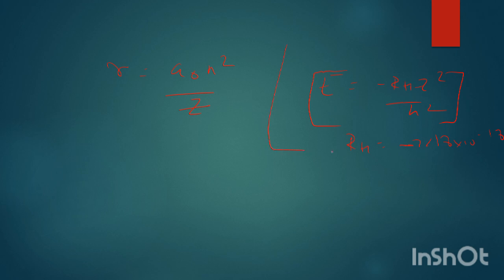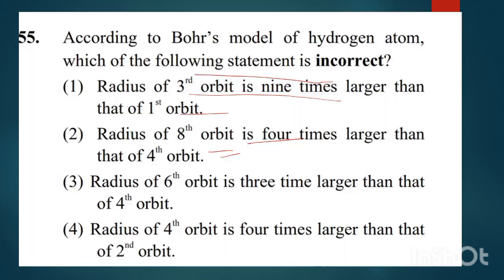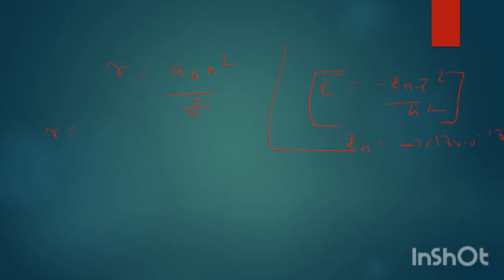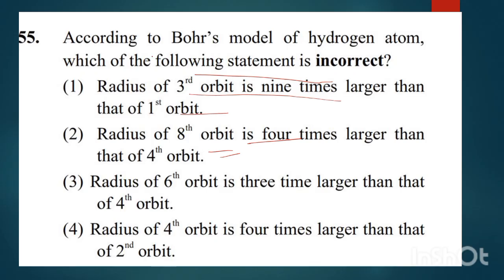First statement: radius of third orbit is 9 times larger than that of first orbit. Radius of third orbit is 3 square by Z, that is 9. So it is 9 times larger than the first orbit. So the first statement is correct.